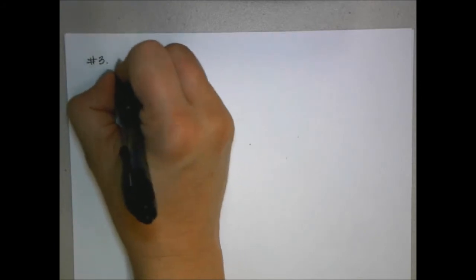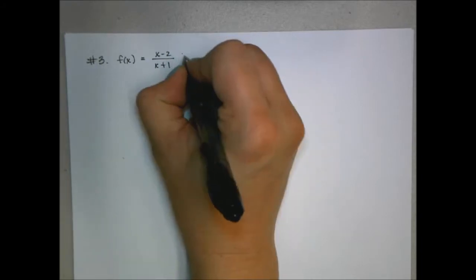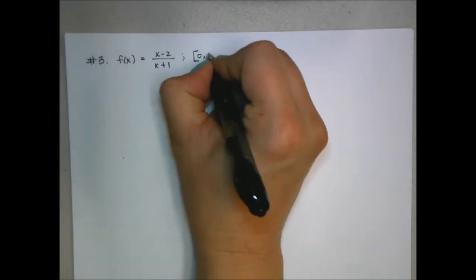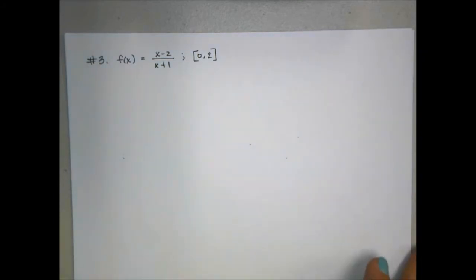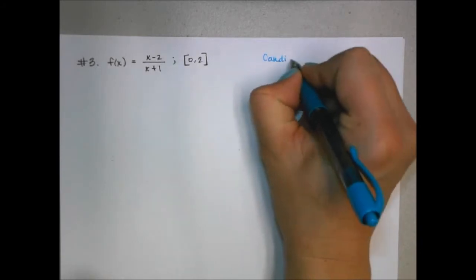One more example. Number 3, f of x is x minus 2 over x plus 1, and we're on the interval 0 to 2. So for our candidates test, our endpoints 0 and 2 get plugged in.